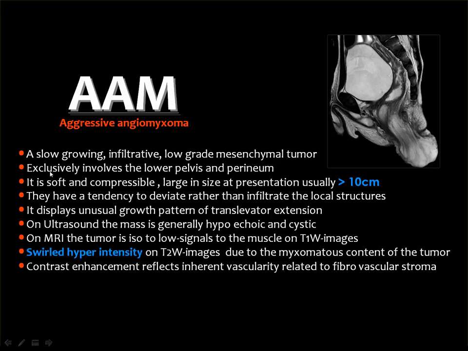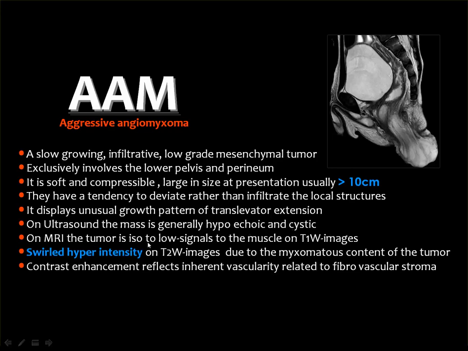It exclusively involves the pelvis and the perineum, and it is usually sizable at presentation, more than 10 centimeter in size. It has the tendency to displace rather than to infiltrate the adjacent structures. On ultrasound, it is hypoechoic or appears cystic.